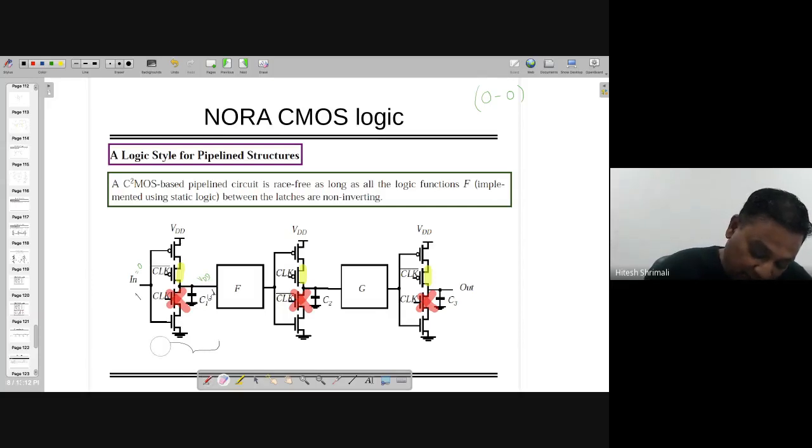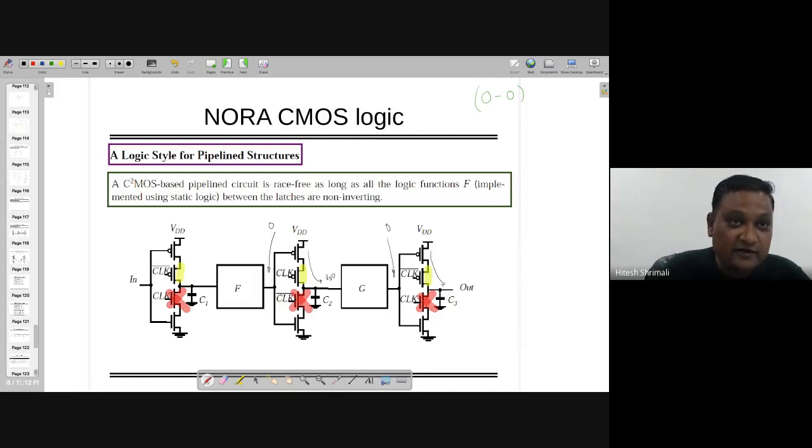But what if this guy is equal to 0? If this is 0, then this is again VDD. And if by chance G equal to 0, then again this is equal to VDD.